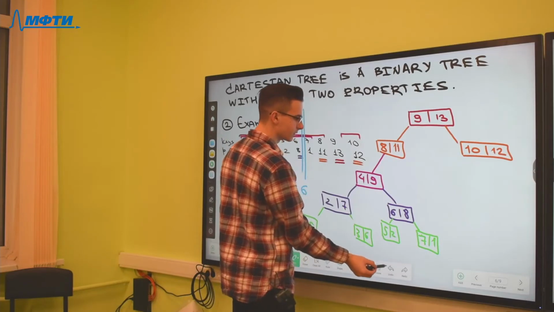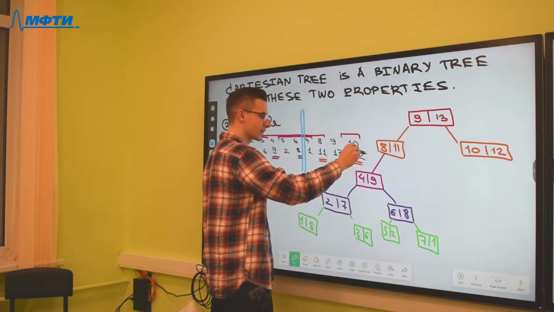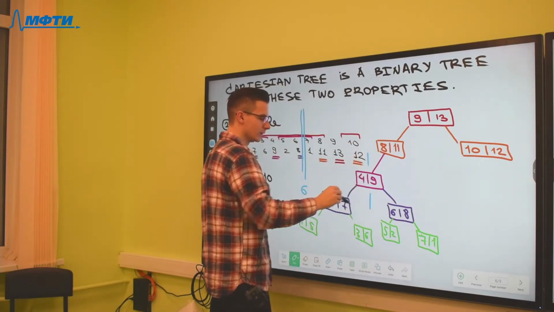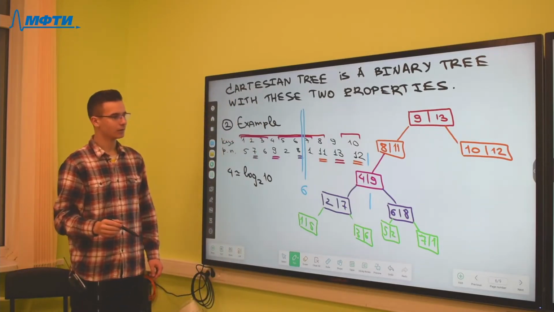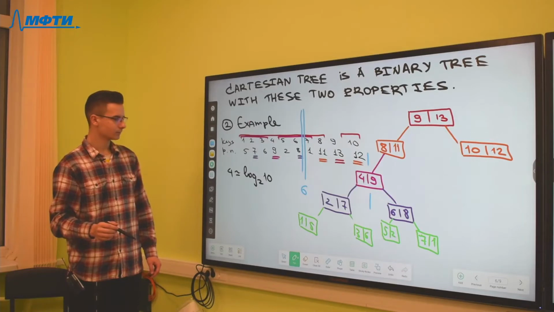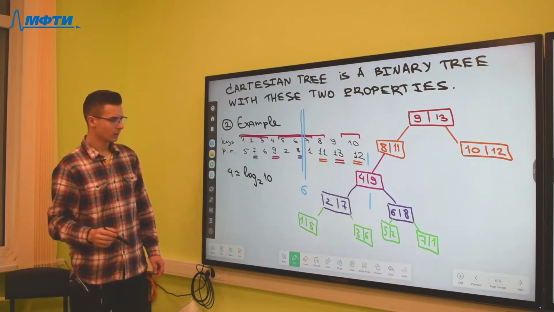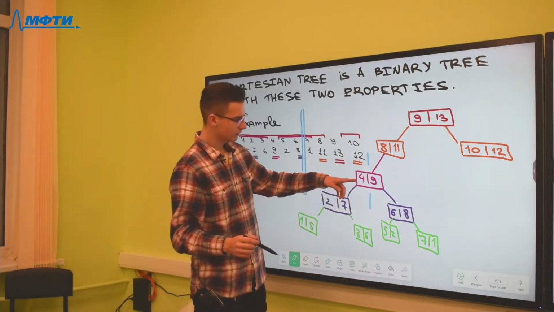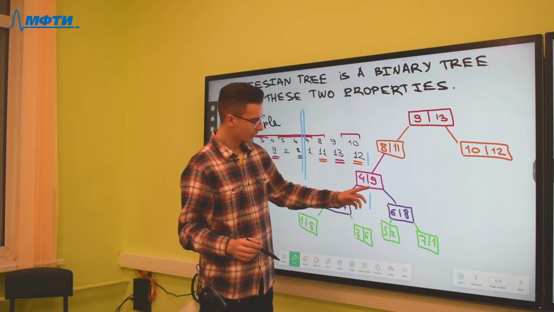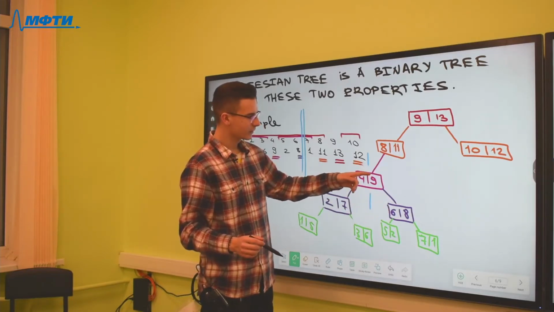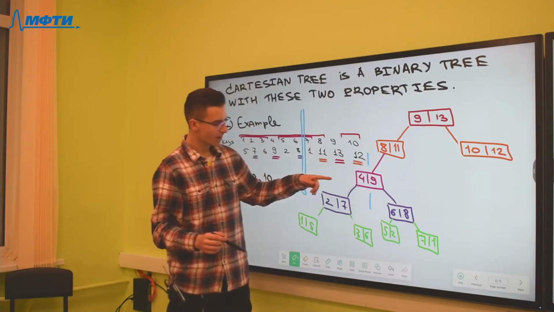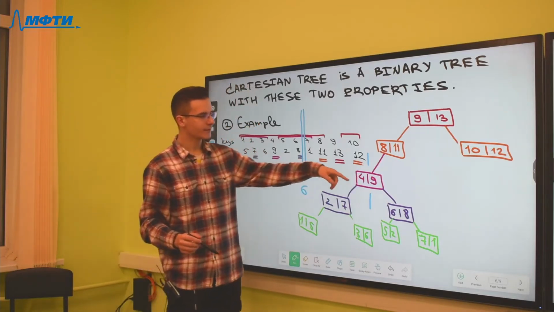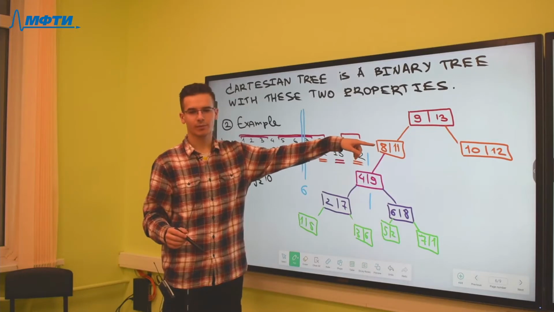We repeat this algorithm and we see, for example, here that we have a number smaller than 6, and its parent with a number bigger than 6.